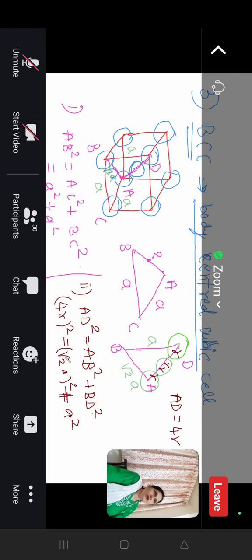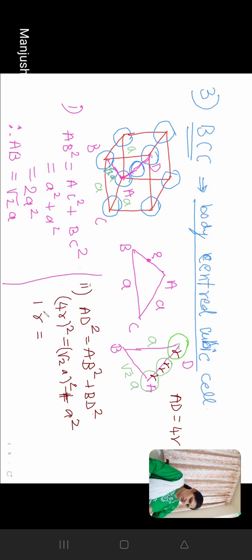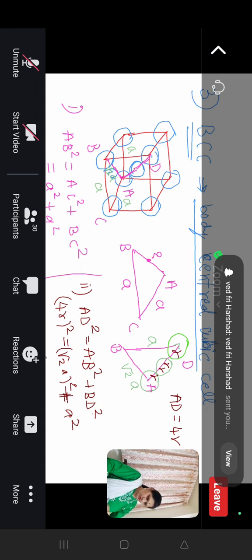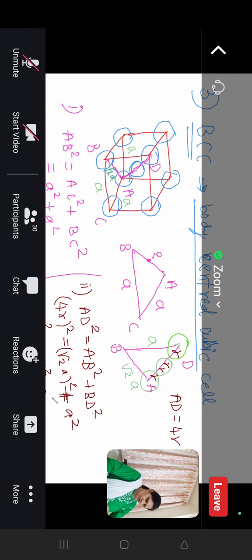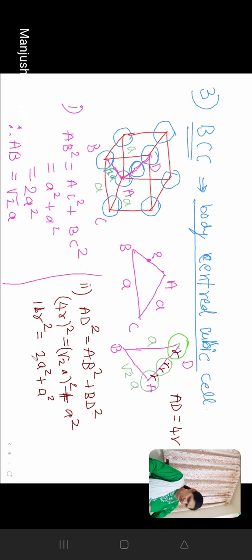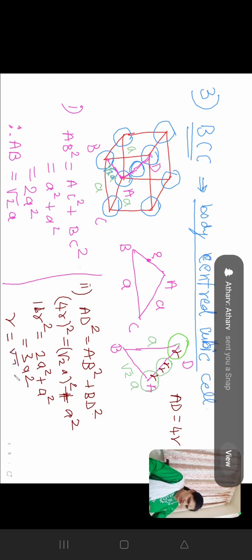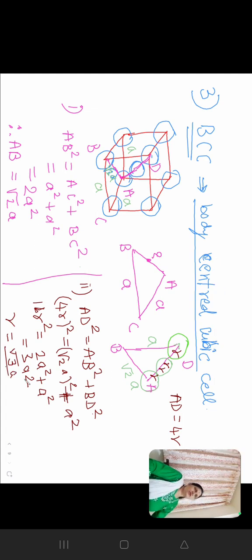What is the value of R? Now see, 16R square is equal to 2a square plus a square, so it is 3a square. Root 3 a by 4, correct. Root 3 a divided by 4, that is r.